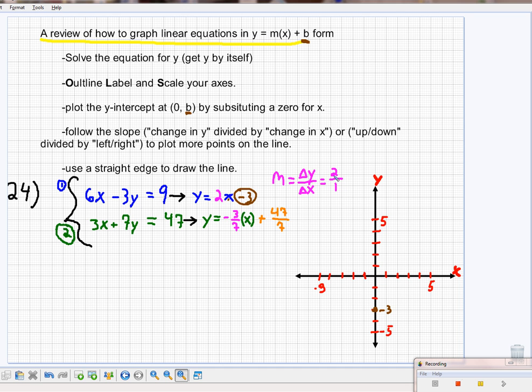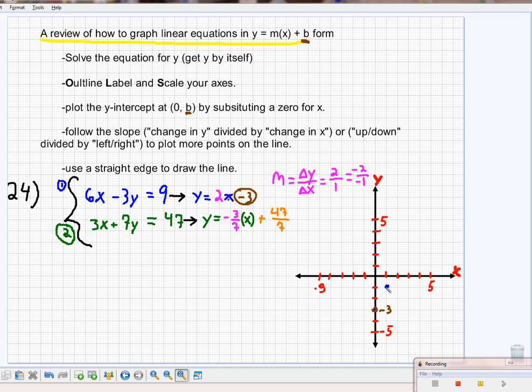And what that means is I'm going to be going up 2, right 1. In the same respect, I can come up with an equivalent fraction that's -2 over -1, which means I would be going down 2, left 1 from this point right here. I'm going to go ahead and select the blue. Okay, I'm going up 2, right 1.